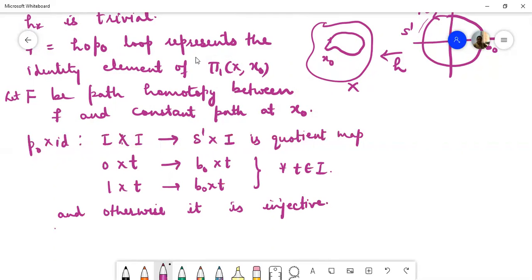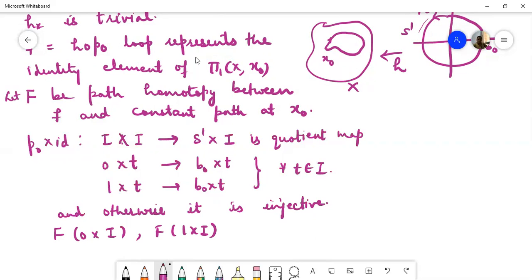And the path homotopy F, because F is a path homotopy between small f and the constant path, F maps 0 cross I and 1 cross I to the point x naught, because small f is a path based at x naught. So it maps 0 cross I and 1 cross I to the point x naught, the endpoints of the path f, because f has both endpoints equal to x naught.